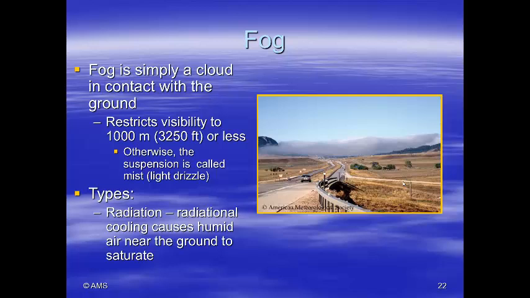But as soon as it restricts visibility to 1 kilometer, we call it fog. We also have different types. We have radiation fog. This is radiational cooling causes humid air near the ground to saturate.